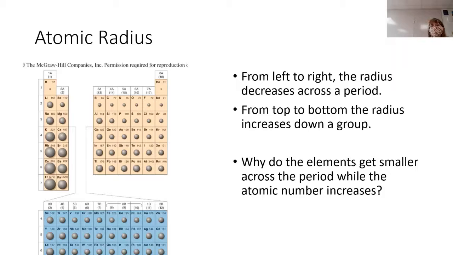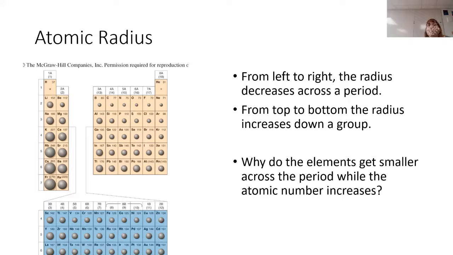If we compare lithium and beryllium, beryllium has 1 extra proton. So we're going from 3 protons to 4 protons, so the electrons are pulled in more. And then this continues across the row. Oxygen has more protons than boron, and neon has more protons than fluorine. And so as we go across, it's pulling in more and more and more.